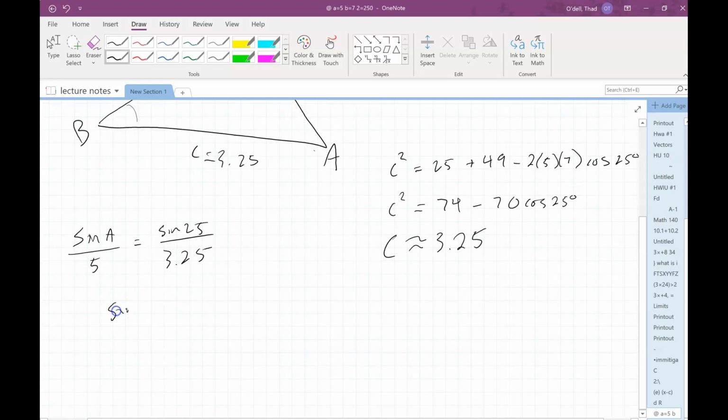So we got sine of A is equal to 5 times sine of 25 divided by 3.25.